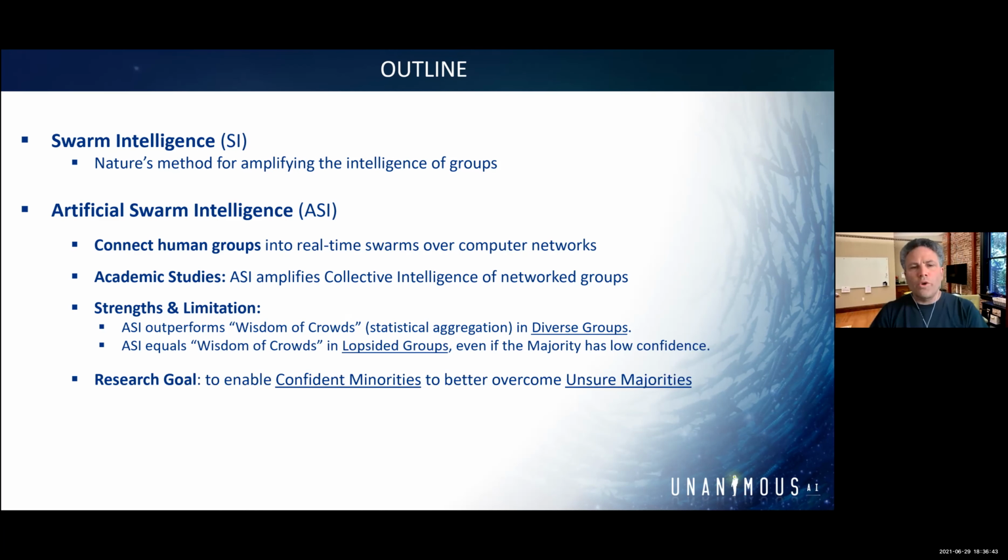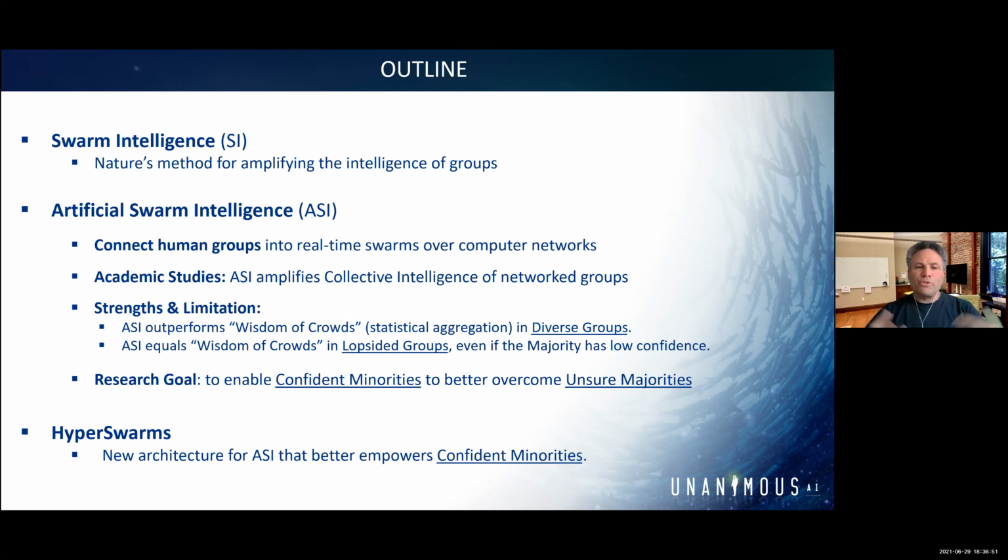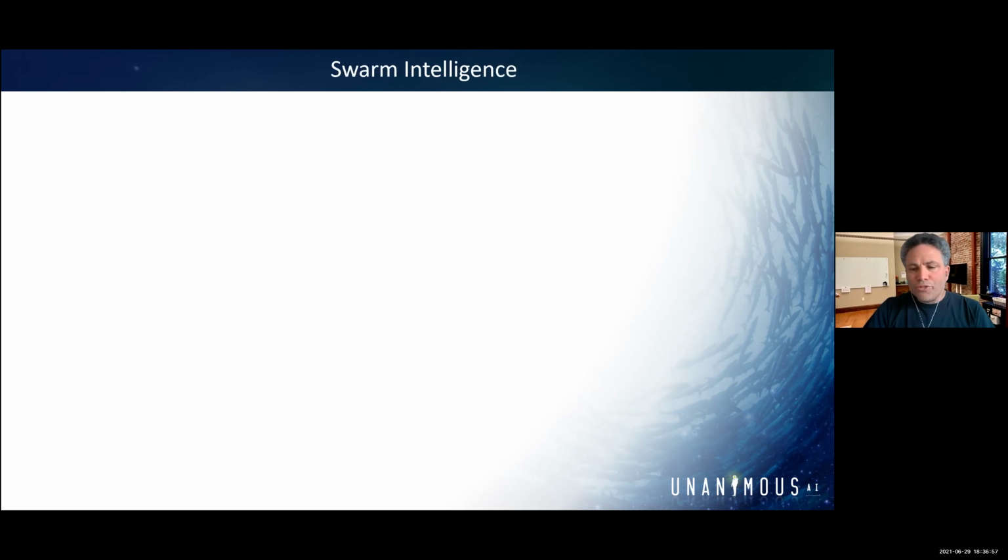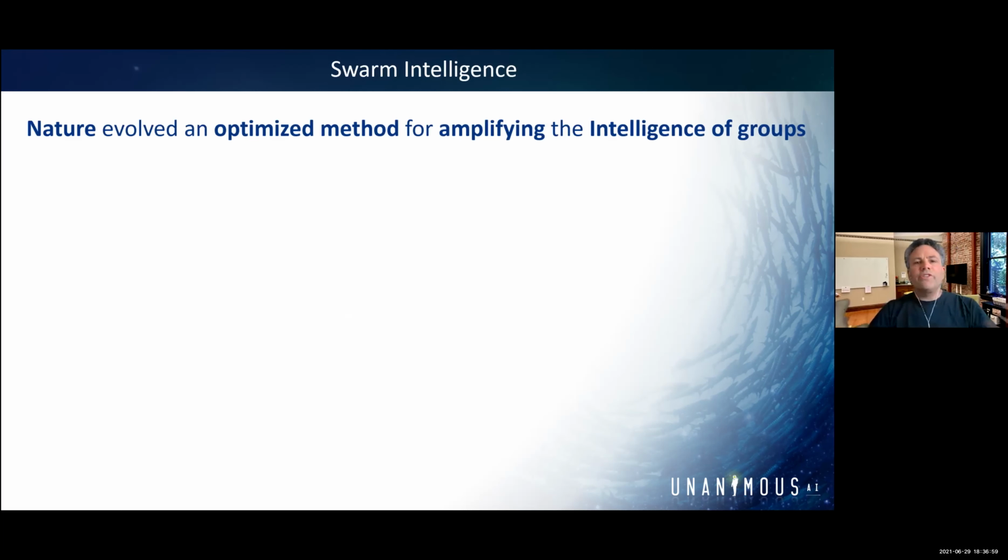And so the research goal is to enable confident minorities to better overcome unsure majorities. And that's what led us to hyperswarms, which is a new architecture for ASI that better empowers confident minorities. And so really quickly, swarm intelligence is nature's way of optimizing the intelligence of groups.